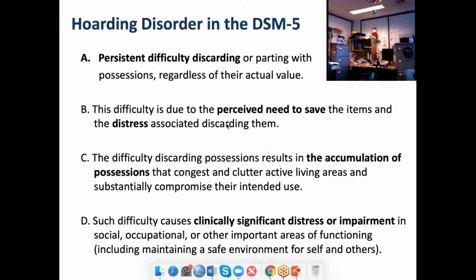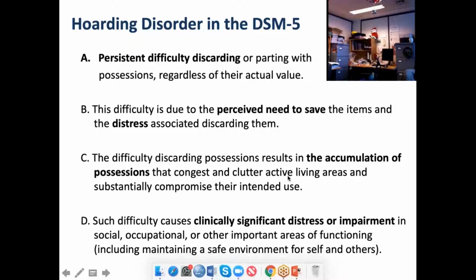So criterion B here is more about, to diagnose people with hoarding disorder, it has to be something more along this line. It's more to do with the psychological attachment to things as opposed to executive function deficit.